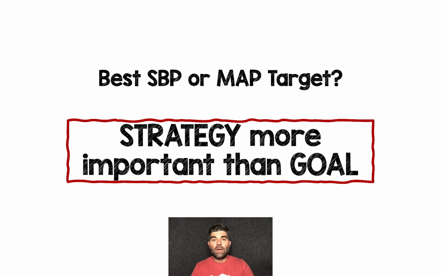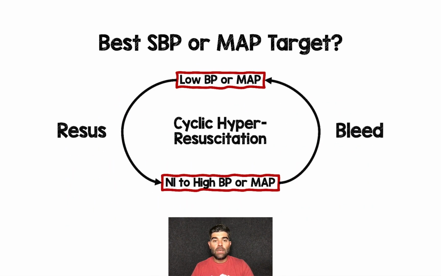But the problem with having an actual goal to target is that you run into this problem of over-resuscitating your patients. And so I think that the strategy that you're using is way more important than a specific number or goal. And this is what I'm getting at. It's this concept of cyclic hyperresuscitation.